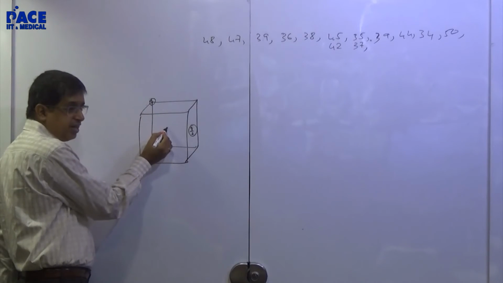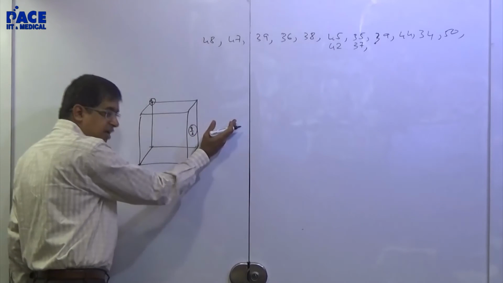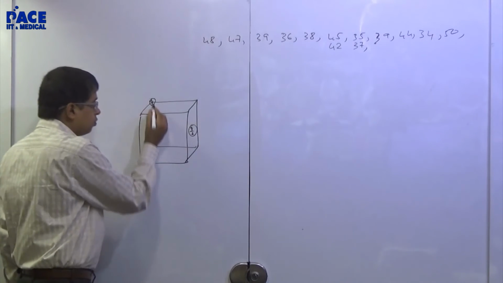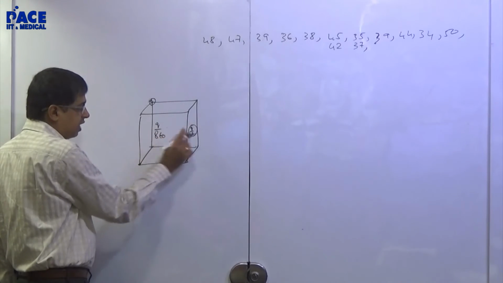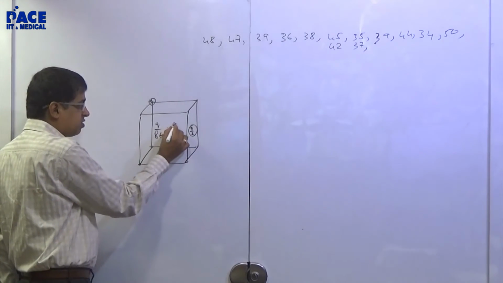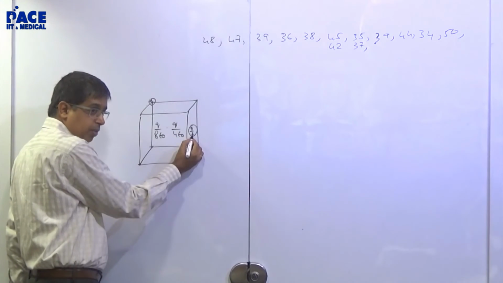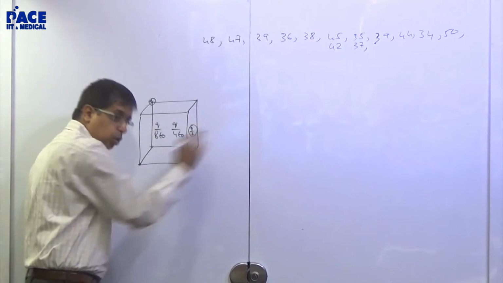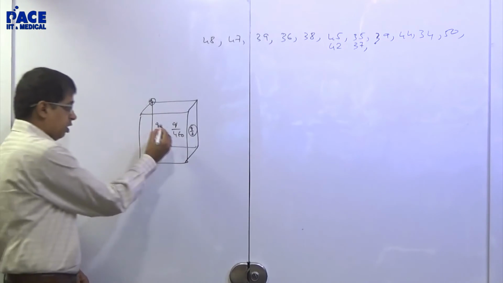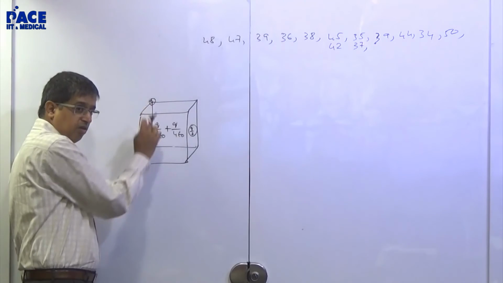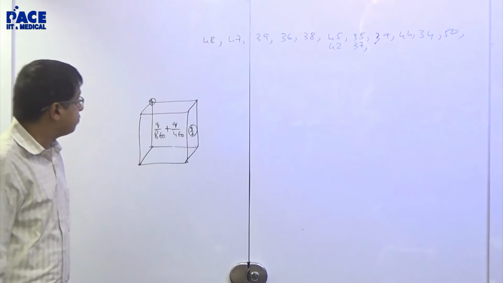You will have Q by 8 inside. Now this will be half inside this, half inside that cube. So this contribution inside will be Q by 8 epsilon naught. Contribution of the face center inside is Q by 4 epsilon naught, because Q by 2 will be shared by both the cubes. So this will be Q by 4 epsilon naught plus this one will give me Q by 8 epsilon naught. Sum total will be the answer.